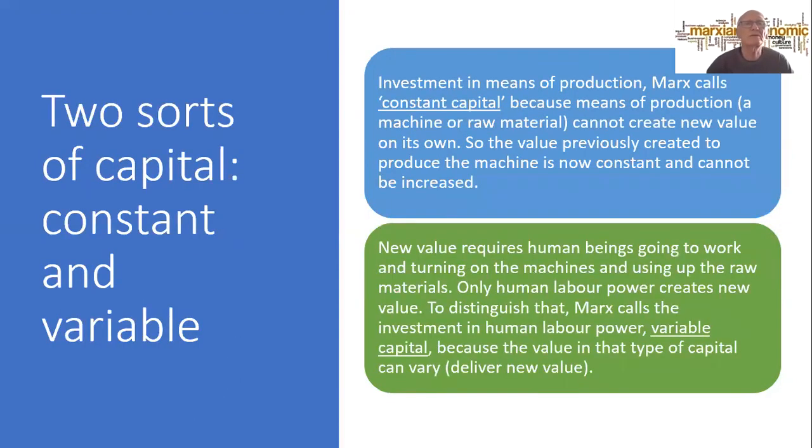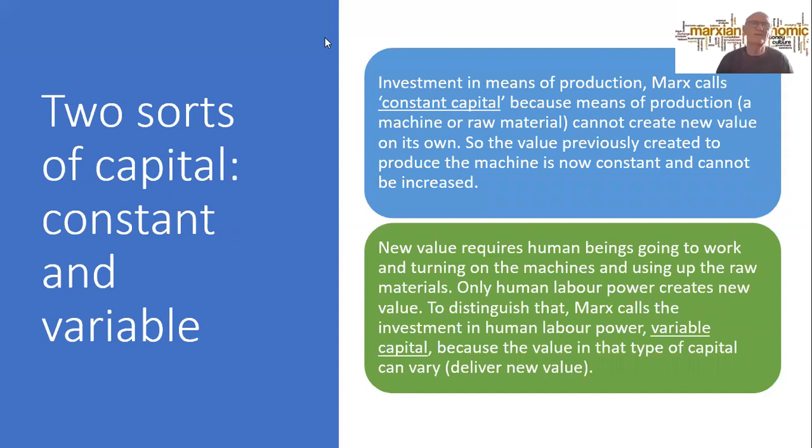And there are two sorts of capital which capitalists must accumulate in order to continue this process. Marx broke them down into two parts. First of all, there's the investment in means of production, which Marx called constant capital. Why? Because the means of production, machine or raw material, don't create new value on their own, because a machine doesn't work unless workers put it to use.